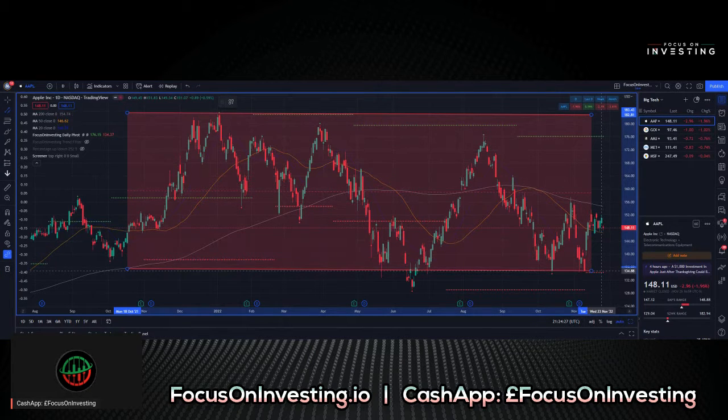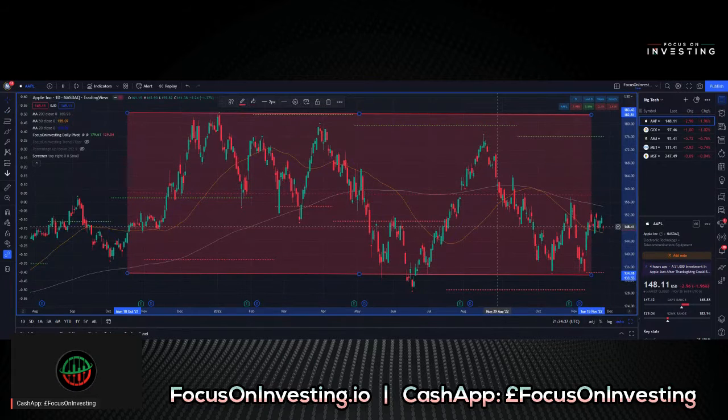So we would call that either a consolidated market or a sideways market. Sideways, not downwards. We can see that this market is moving mostly sideways in the chart.